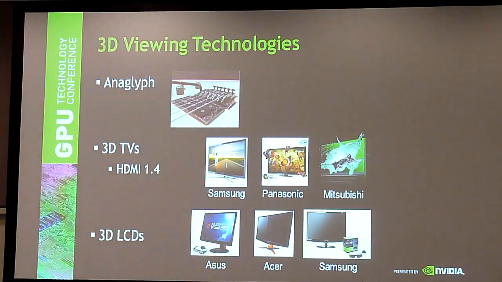Some of the other technologies that exist at both a panel level and the TV are things like interlaced stereo, where alternate rows of the pixels are left and right, and you wear lenses. The glasses are passive, so basically one eye has one polarization, the other eye has a different one.